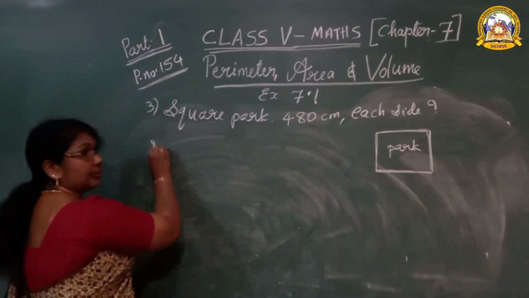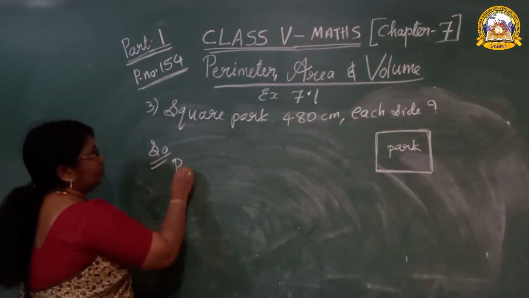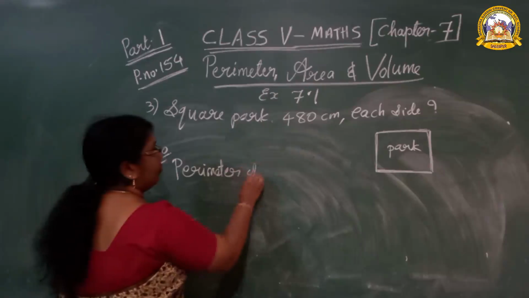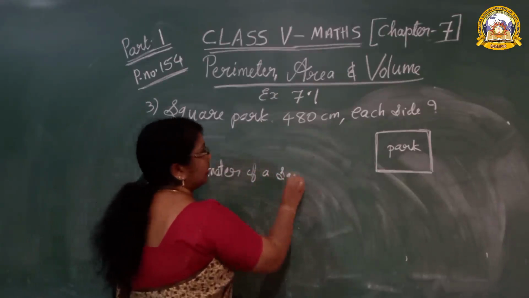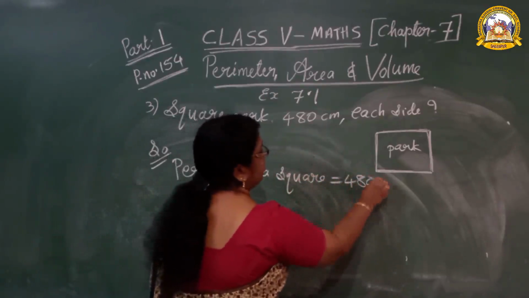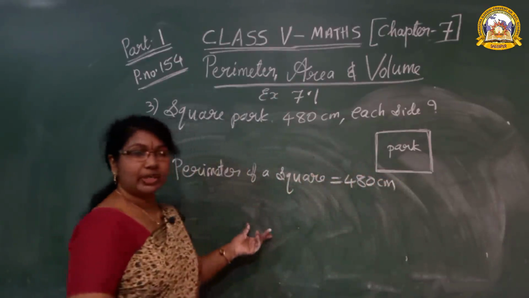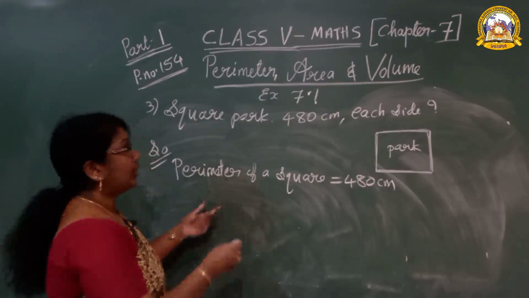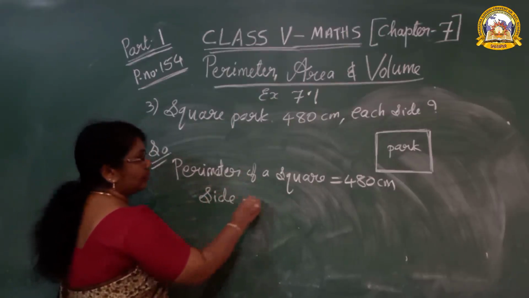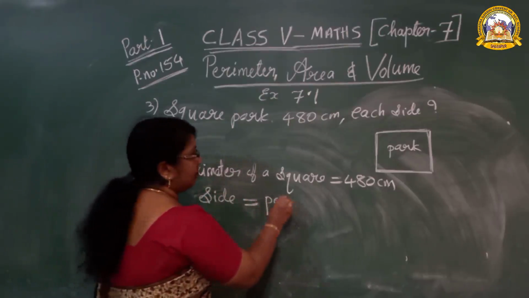First step, perimeter of a square. What is the perimeter? 480 centimeter. What do we have to find out? We have to find out one side. One side is equal to, what is the formula?